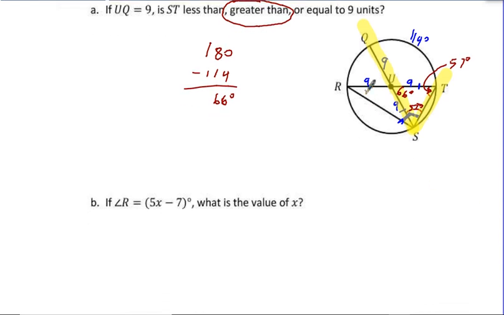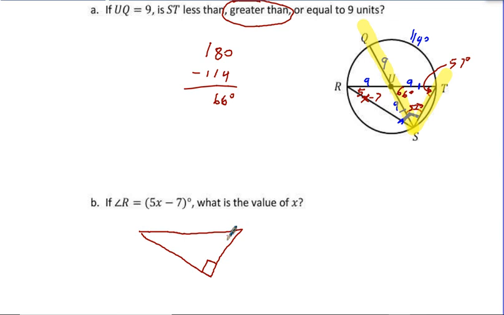Part B says over here, if angle R is 5x minus 7, what is the value of x? Well, we need to know what is the measure of angle R so we can set up our equation. So I'm going to pull the larger triangle out here. We know this one is 90.